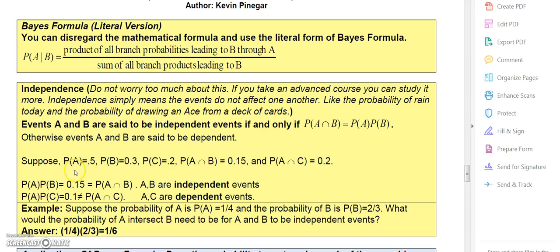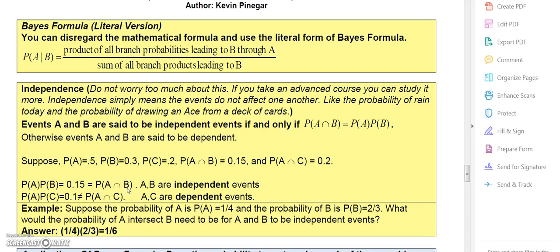So let me just give you a simple example. Suppose the probability of A is 0.5, the probability of B is 0.3, the probability of C is 0.2, the probability A intersect B is 0.15, and the probability A intersect C is 0.2. Well, if you multiply the probability A times the probability B, you get 0.15, and that's equal to the probability of A intersect B, which is 0.15.